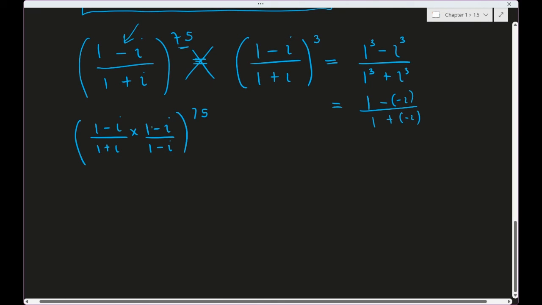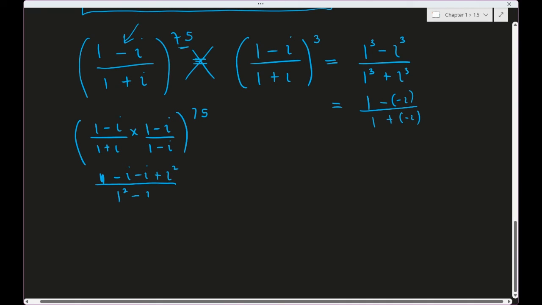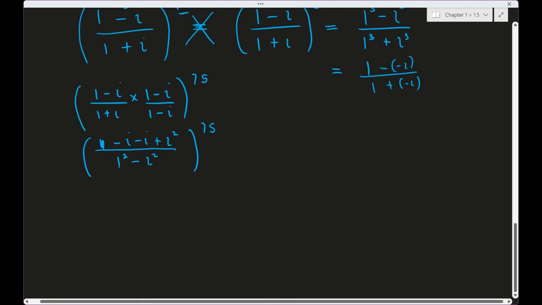This will give us 1 times 1, which will be 1. 1 times i, this is minus i, this is minus i. Then minus i times minus i becomes plus i square. And the denominator is just a difference of two squares, so this is 1 square minus i square. Then you still have your power 75.